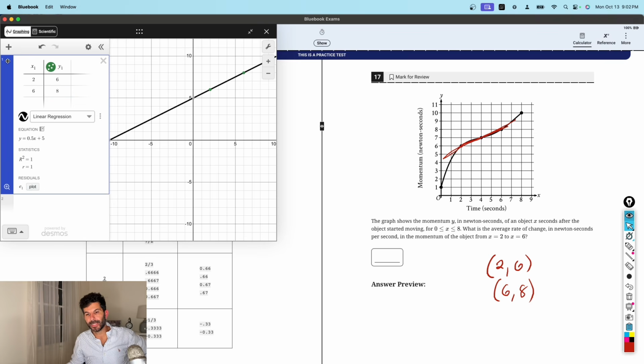Just hit these buttons, and I'm going to go with 1/2. All right, my slope is 1/2. And what that's saying is, for every increase in a second, the momentum is going up by 1/2 of a Newton second. All right, so Newton seconds per second. For every 1 second that we increase, we're going up by 1/2 of a Newton second. So that will be my answer. I'm going to put 0.5.